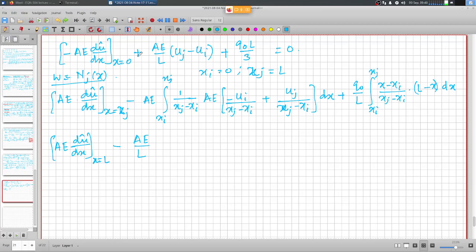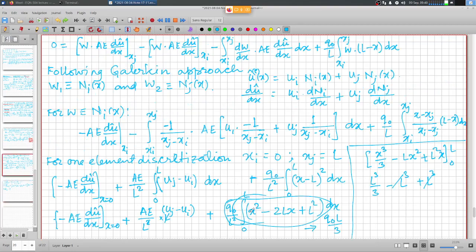Sir, that third term Q naught L by 3, that should also have a negative sign, because we interchanged in the bracket, x minus xj. We converted into L minus x. We have taken x minus L multiplied by L minus x, right?